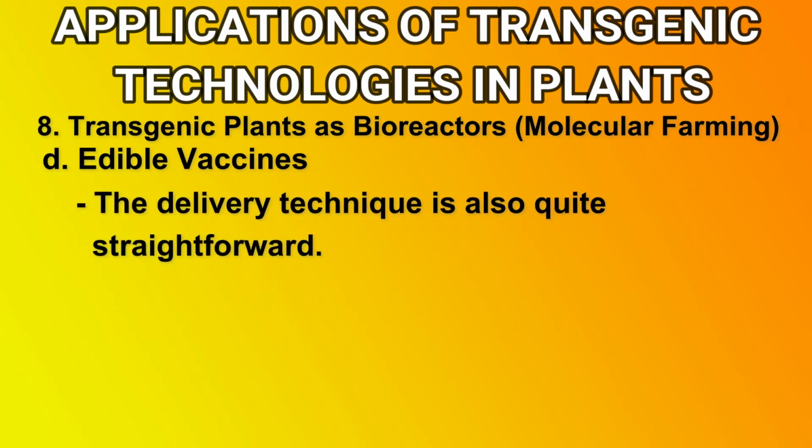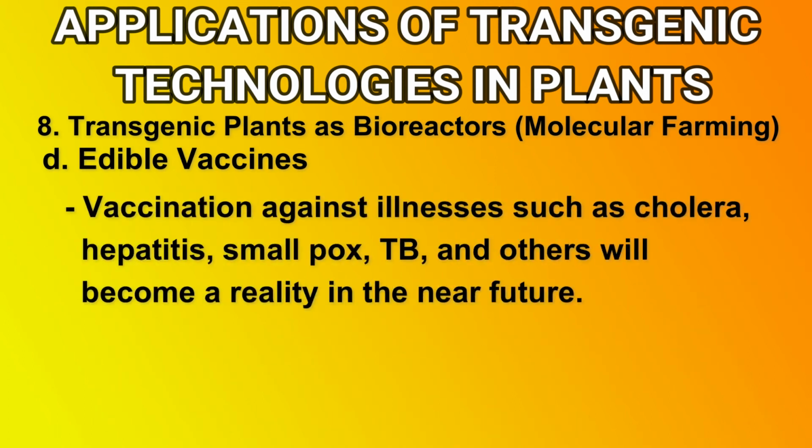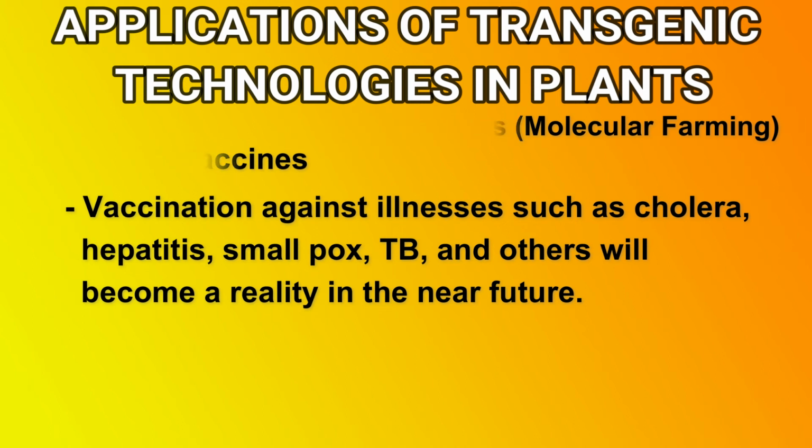The delivery technique is also quite straightforward. The cost of the product is relatively inexpensive since expensive equipment and downstream processing procedures are not required, unlike industrial fermentation products. Vaccination against illnesses such as cholera, hepatitis, smallpox, TB, and others will also be a reality in the near future.